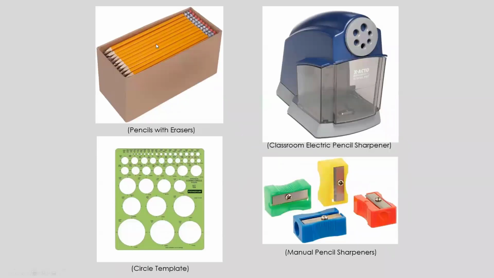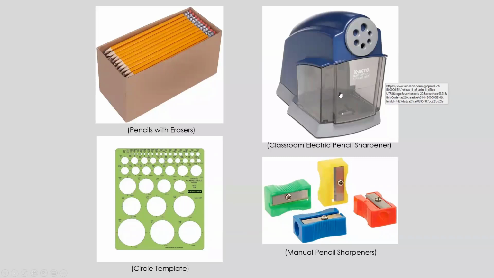And pencil with erasers, circle templates, mainly for drawing trees or some curves of the swimming pool. This is optional. You don't have to have it, but if you do this type of exercise a lot, you should acquire one and place it in the classroom so that the kids can sharpen their pencils and color pencils really quick.